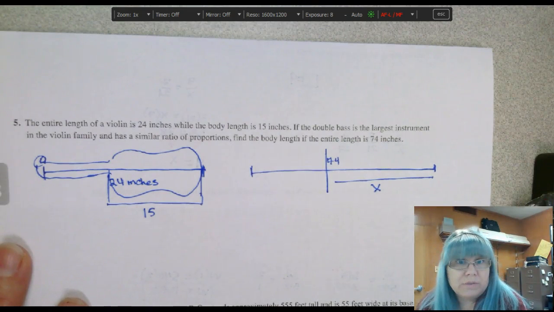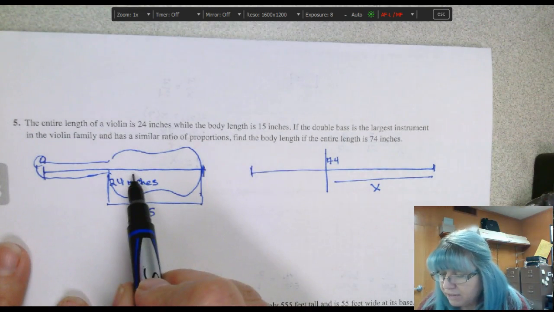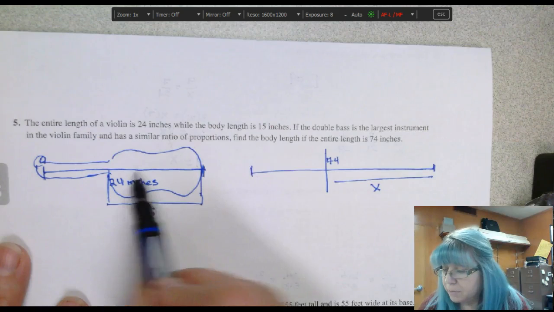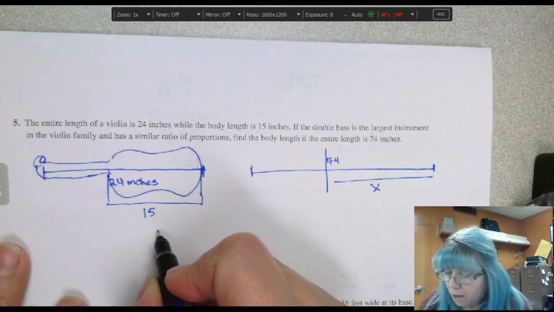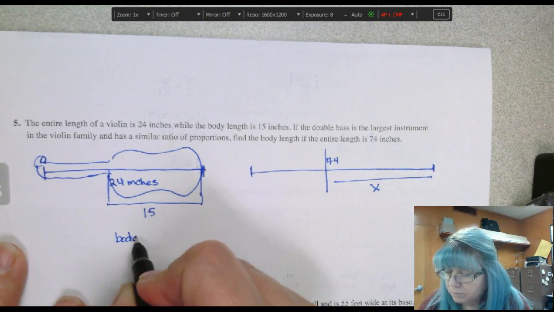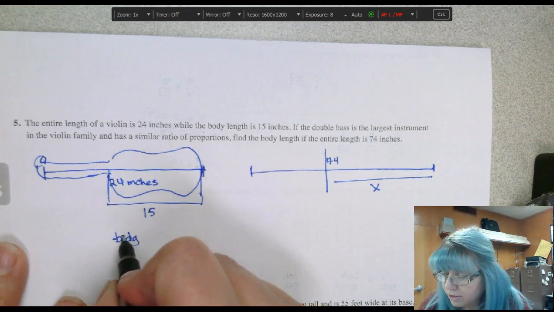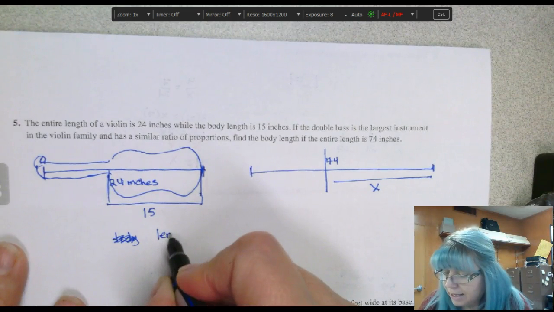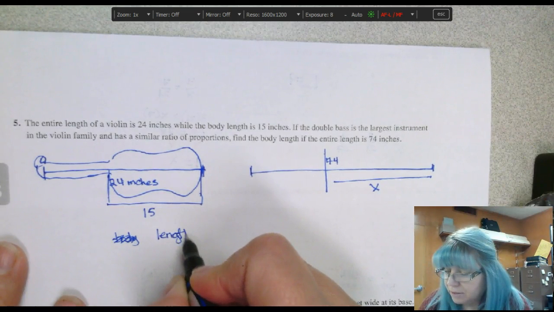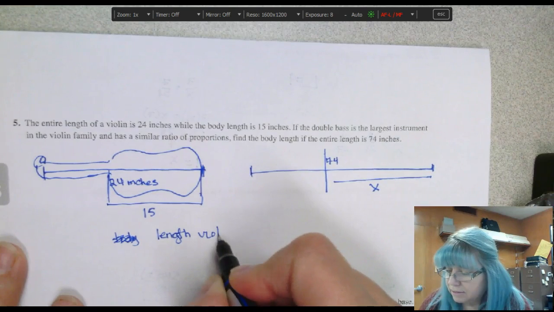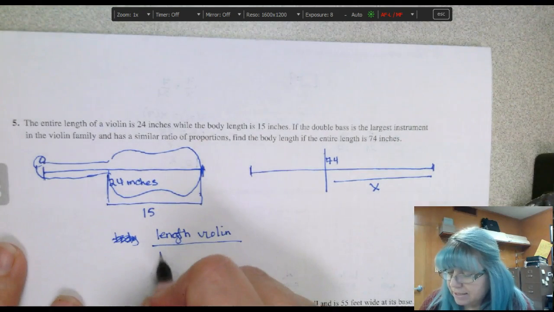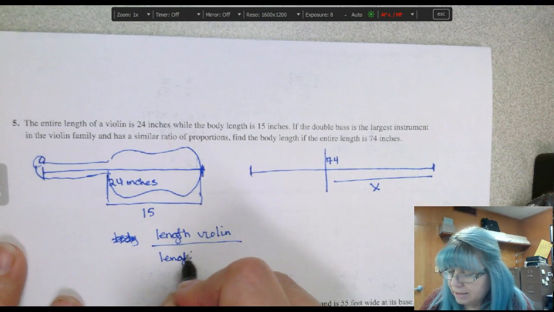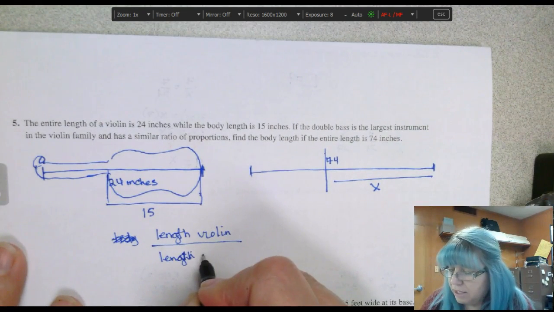Alright, so if we are working with similar figures, which we are, the body of the violin will be a similar ratio as the body of the double bass. So the whole length of the violin will have the same proportion as the length of the bass.